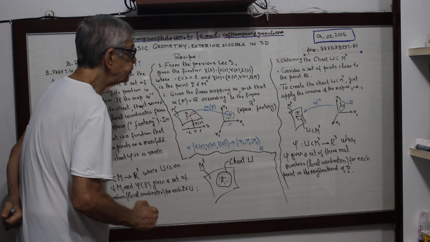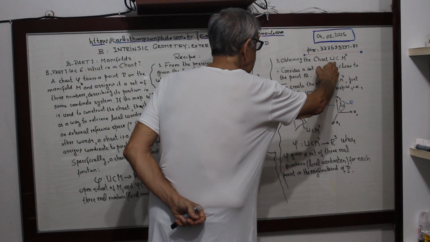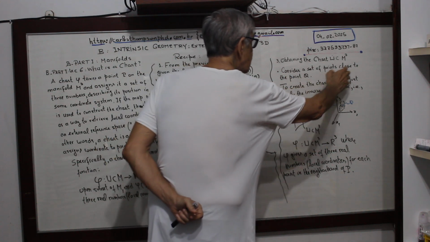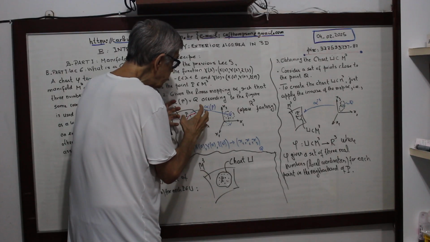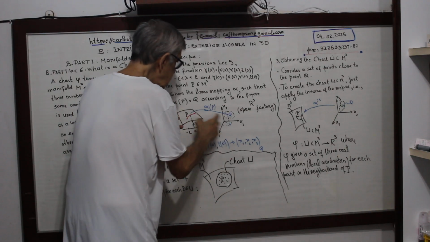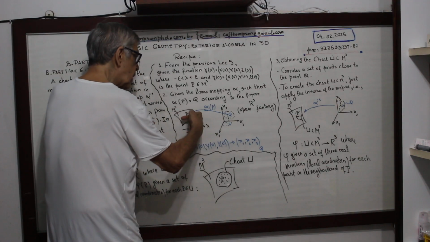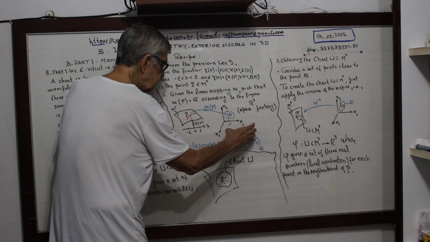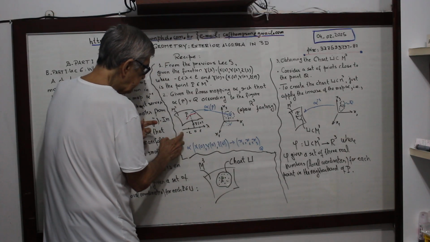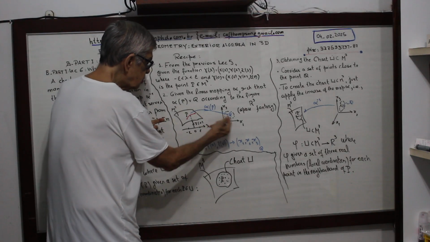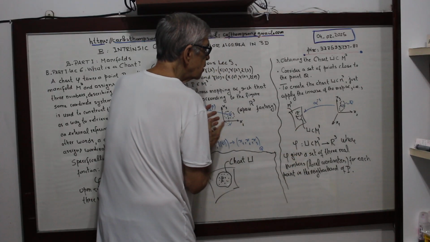Now, obtain the chart U. Consider a set of points close to Q. After we obtained point Q using this map, you move back from the fantasy space to the manifold, just using the inverse of alpha. It's clear?